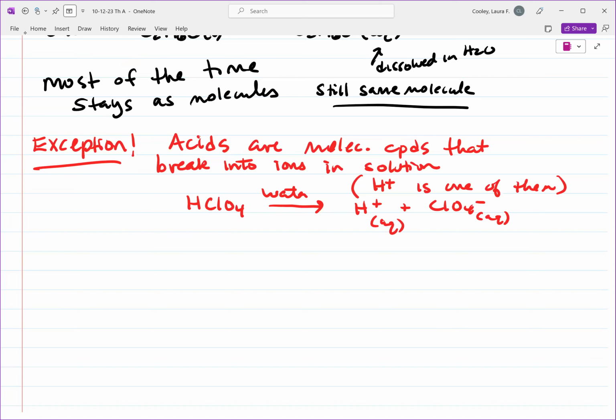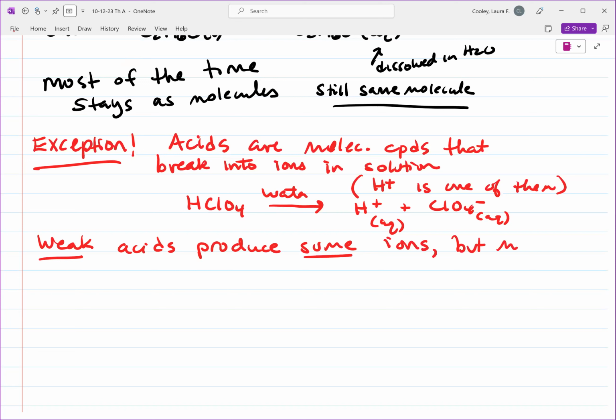So what about weak acids? When you put weak acids in solution, they produce some ions, but much less than strong acids.